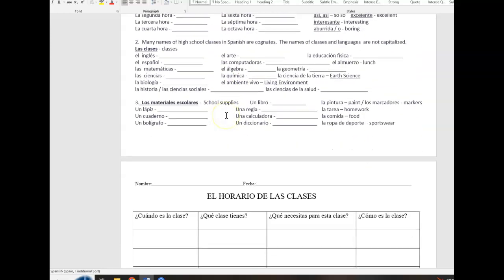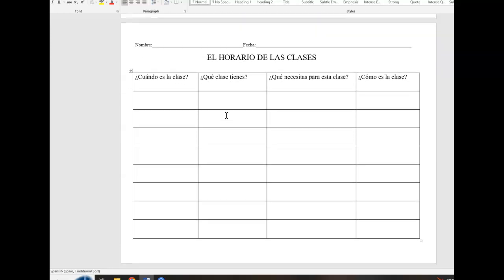And then you're going to use these notes to complete just the first 3 columns in tu horario de clases. This is your class schedule. The period that you have that class, what class you have during that period, and then 2 to 3 items that you need for that class.